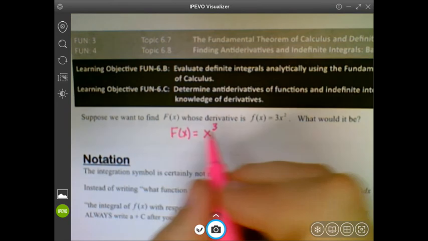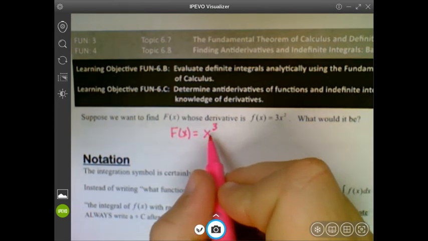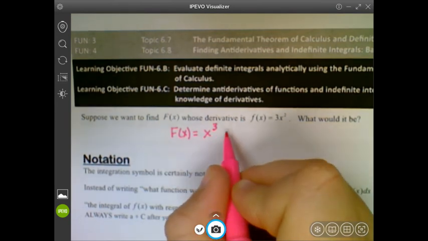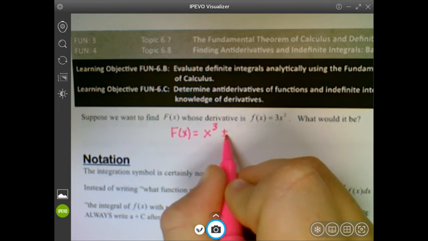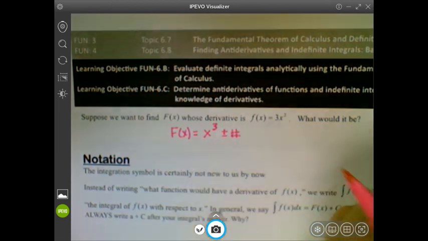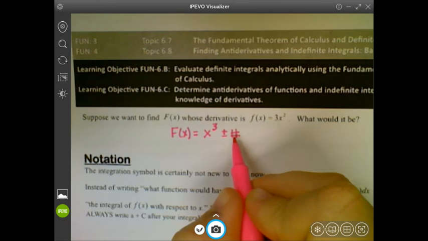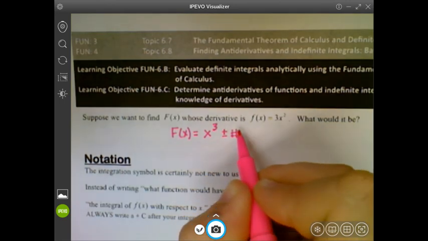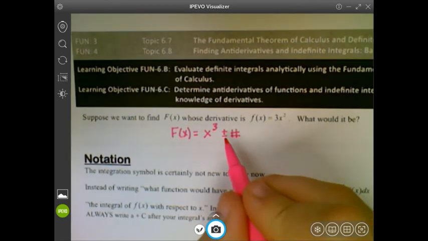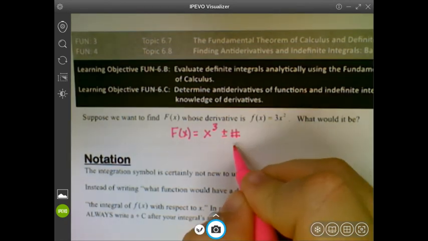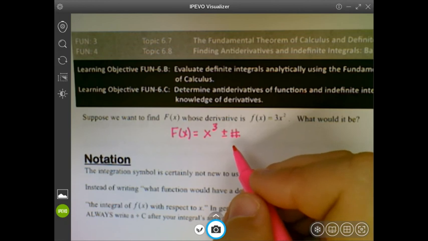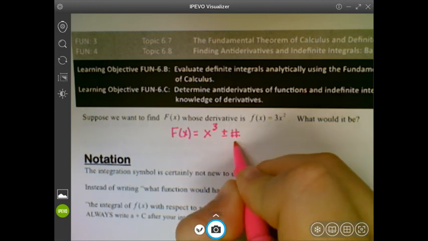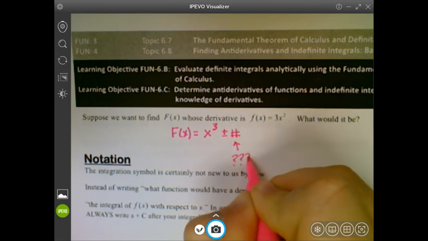Now there's one more condition, though. When you take the derivative of x cubed, there could have been plus or minus some number here. If this was just a constant, the derivative would still be 3x squared, because the derivative of a constant is always equal to 0. So we don't know what this number is, and unless they give us some more information, we'll never know. The real question is, what is that number?